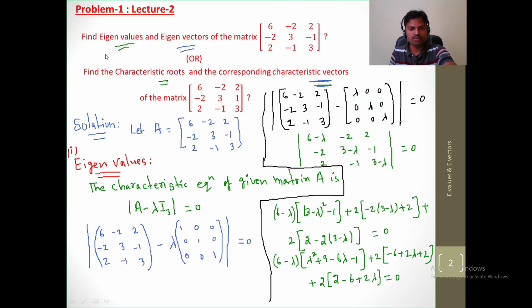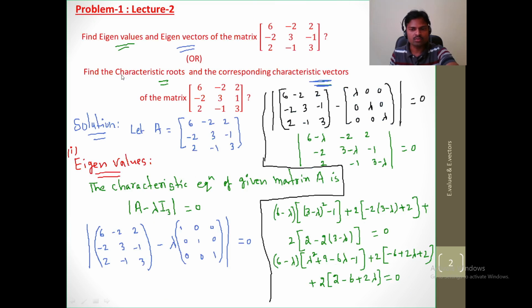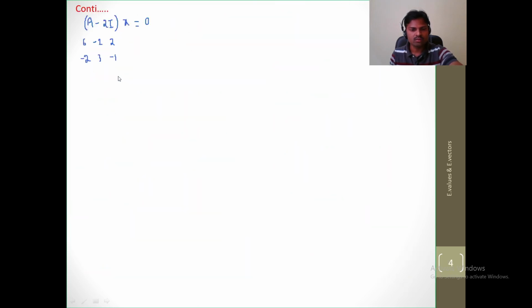Next line, minus 2, 3, minus 1. And the last row is 2, minus 1, 3. So this is matrix A.